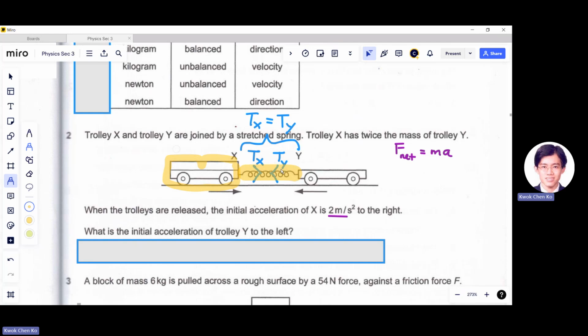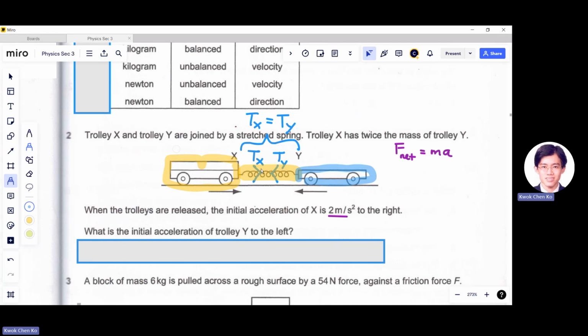There is also a tension, Ty, within the same spring, or in this case, it's a spring. There is also a tension, Ty, pulling on trolley Y. So it's possible to have these two tensions within the same spring.